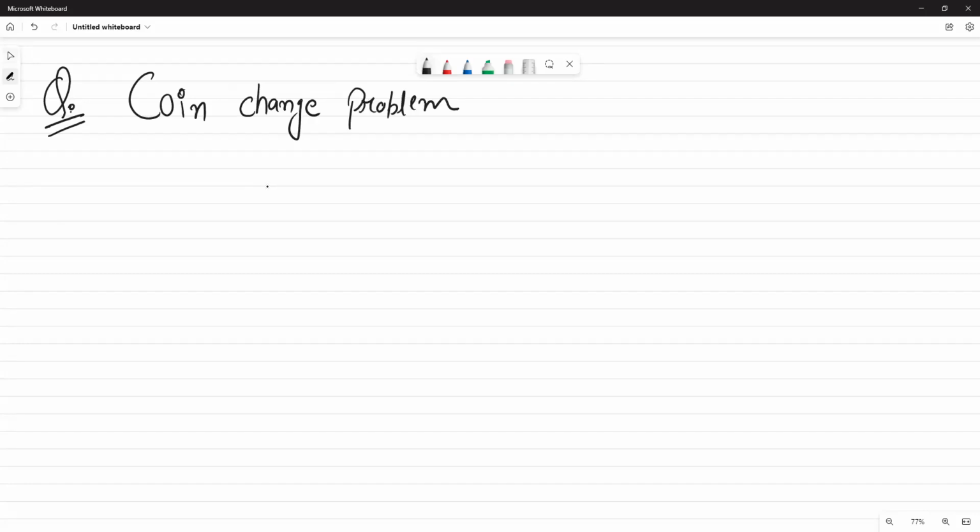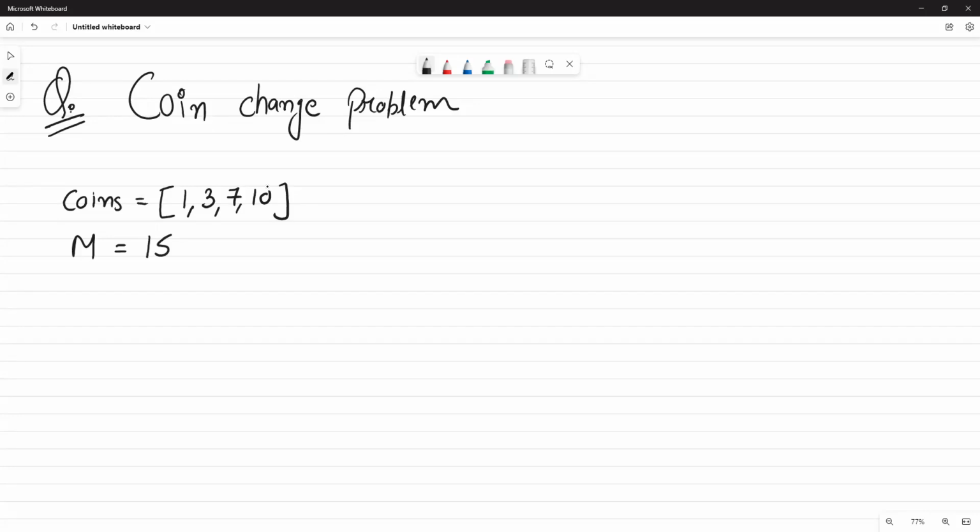Basically, let's suppose I'm giving you the coins array, which has a 1 rupee coin, a 3 rupee coin, a 7 rupee coin, and a 10 rupee coin. Okay, and you have been given an integer, which is the targeted money. Let's suppose here I'm giving you 15. Clear? Now you have to find out the minimum coins required to make the change.